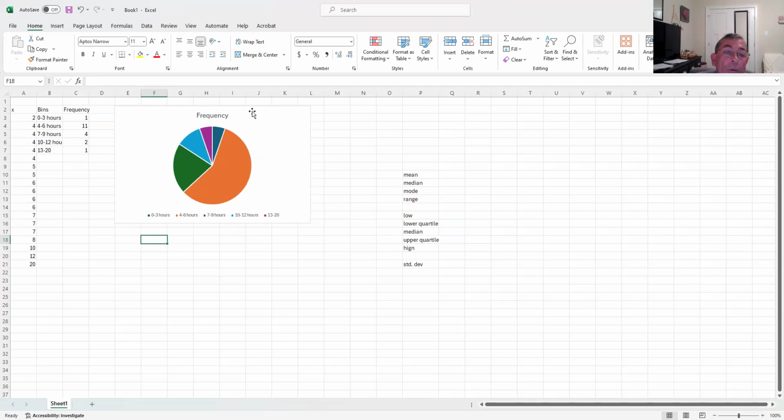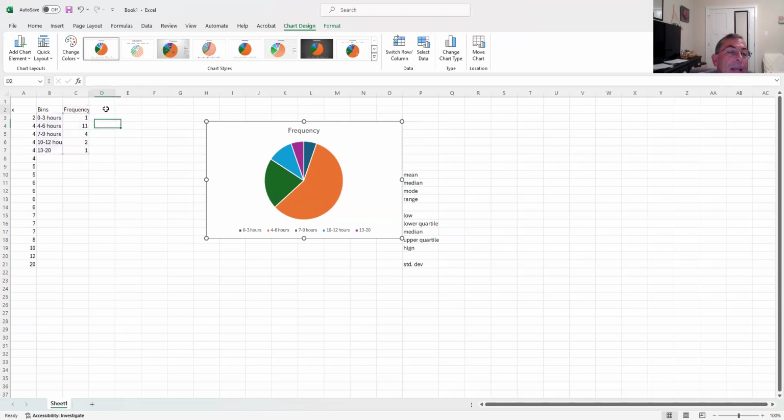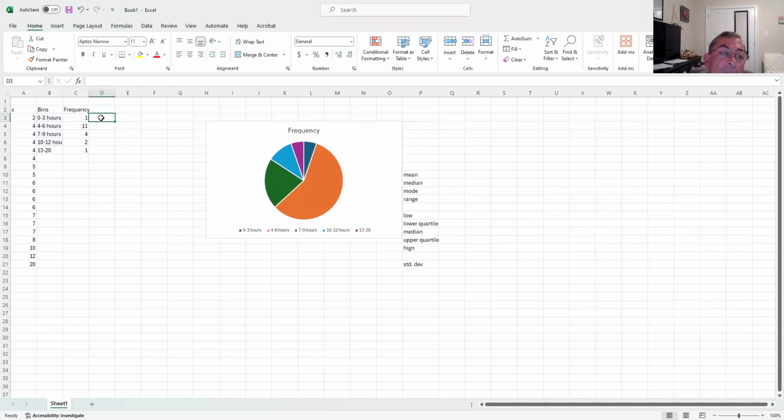Now, if you want to go a little further on that, you can actually make the frequencies look like a percentage. To do that, I would take how many I had and divide by the total number of data points I had, and then multiply by 100.